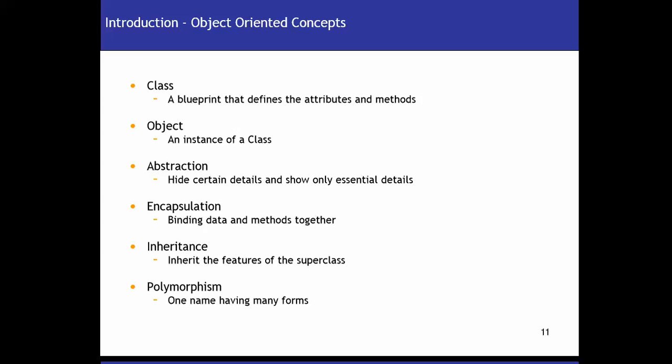There your area is length into breadth. So there is only one name, but there are different forms, right? Different methods you can use in order to calculate. So L into B is one method, and A square is another method, and there is only one name, that is area. So this is what polymorphism is. One name having many forms is called polymorphism.